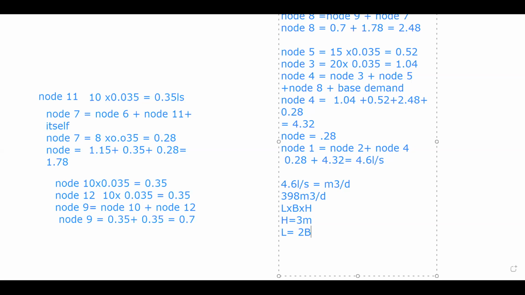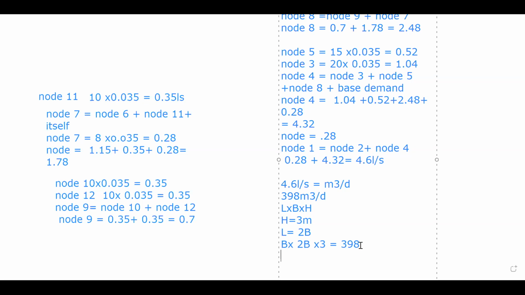Therefore, the volume will now be length times 2b times 3, and I'm expecting it to give me 398. If I multiply, length is 2b, yes?